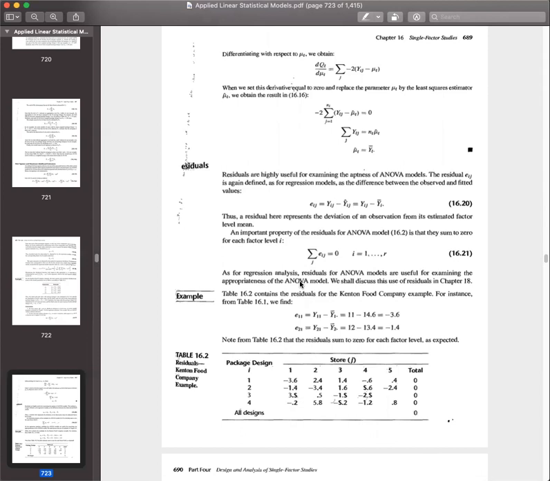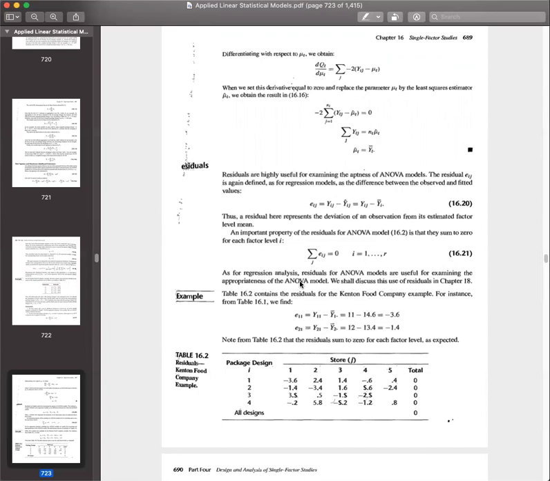It is eij equals Yij minus Yij hat, which is equal to Yij minus Yi bar. Thus, a residual here represents the deviation of an observation from its estimated factor level mean. An important property of the residuals for ANOVA models is that they sum to 0 for each factor level i. As for regression analysis, residuals for ANOVA models are useful for examining the appropriateness of the ANOVA model.